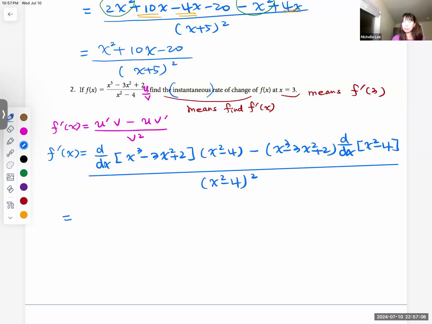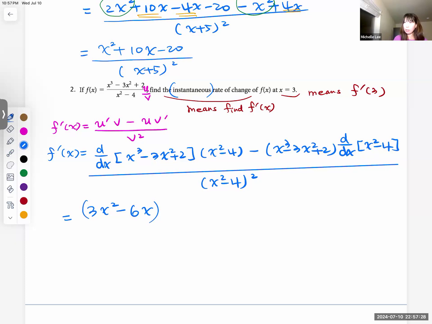Okay, the first term, we have 3x squared minus 6x, and then the last term is 0, right? We do the derivative.